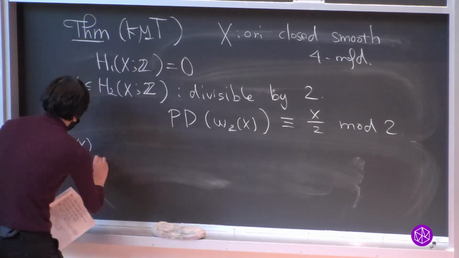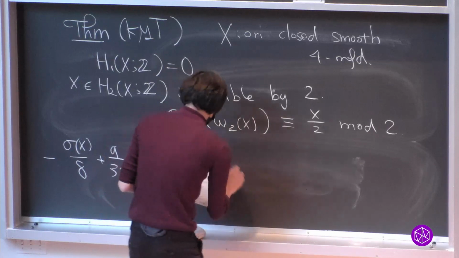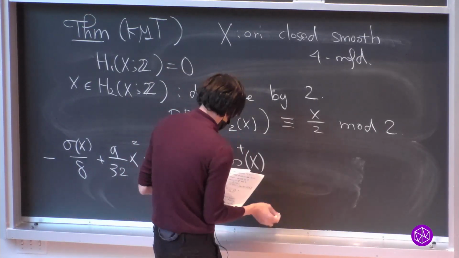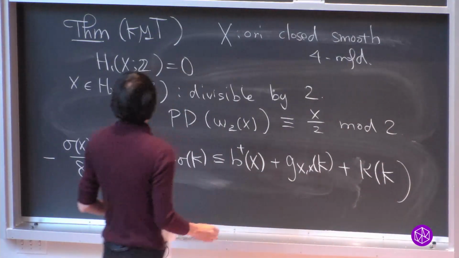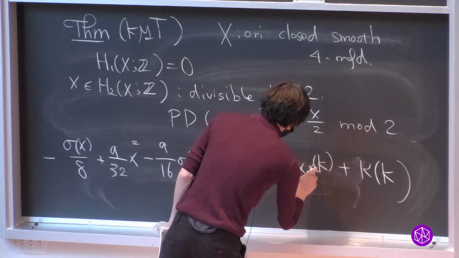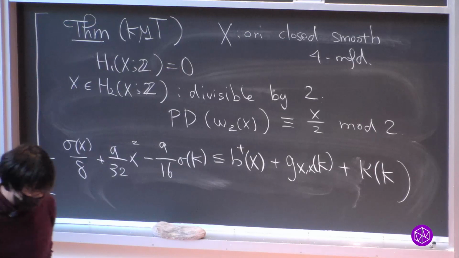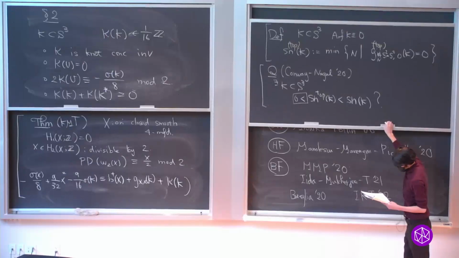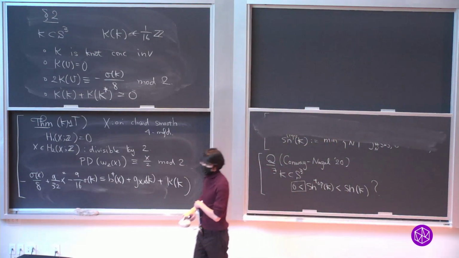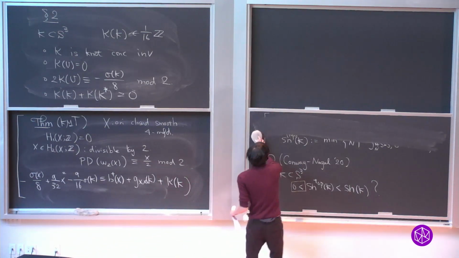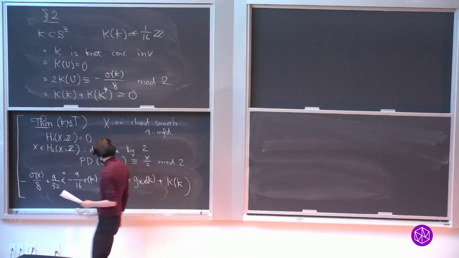Minus signature over 8 of X plus 9 over 32 x squared minus 9 over 16 signature of K is smaller than or equal to b plus of X plus the relative genus of K plus kappa of K. Yeah, so this is the main result today. So it is slightly complicated.